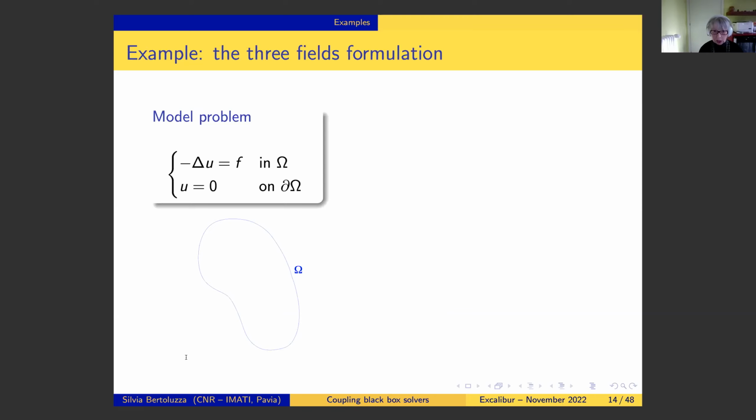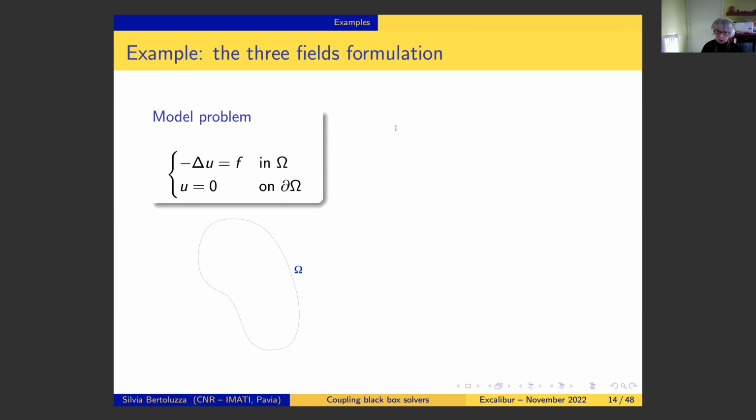But now let's come to some concrete examples. So the first example, and here we go to domain decomposition. I will always consider the simplest of model problems, the Poisson equation with a zero boundary condition on the exterior boundary, which I will totally forget and never write in the following of the talk.